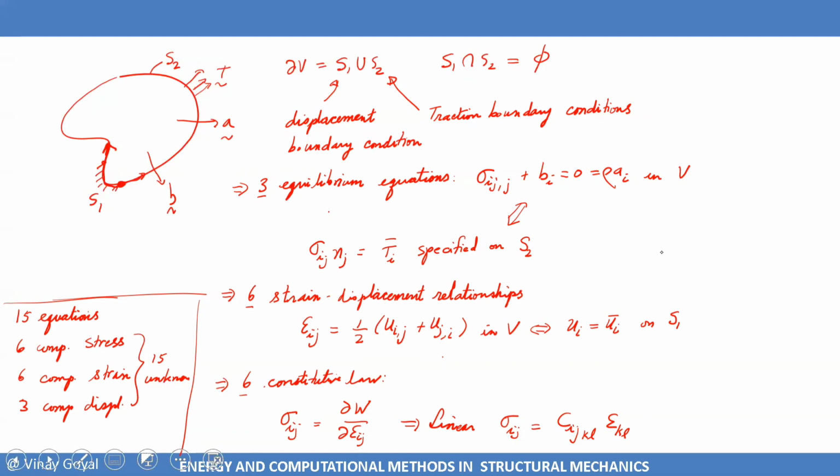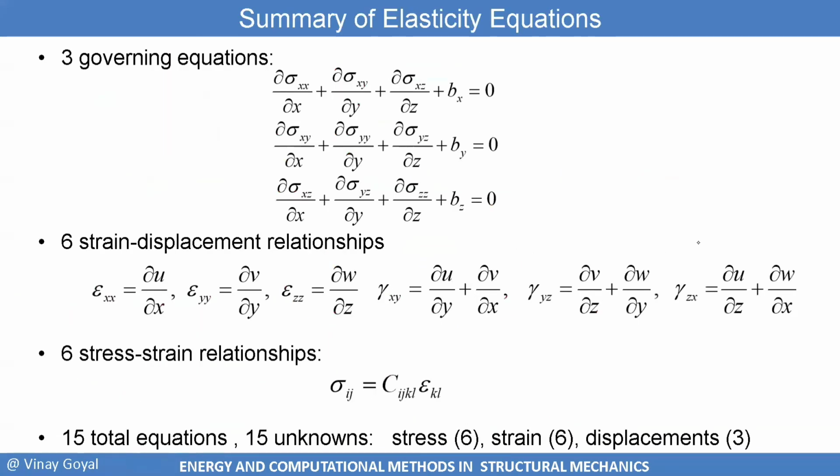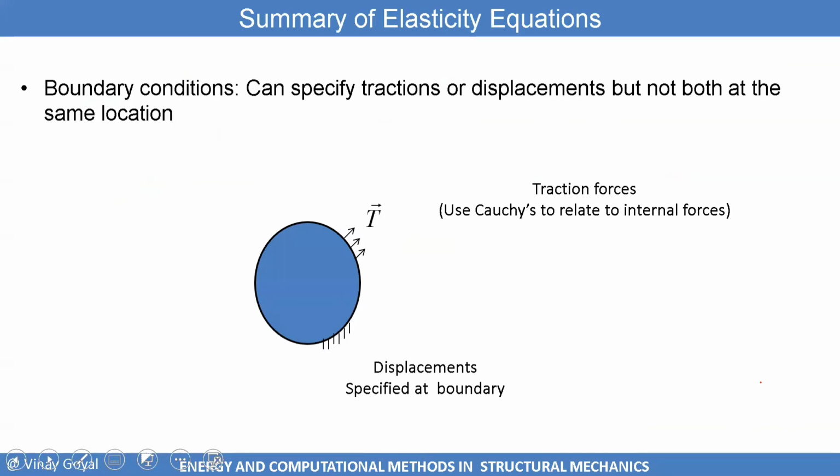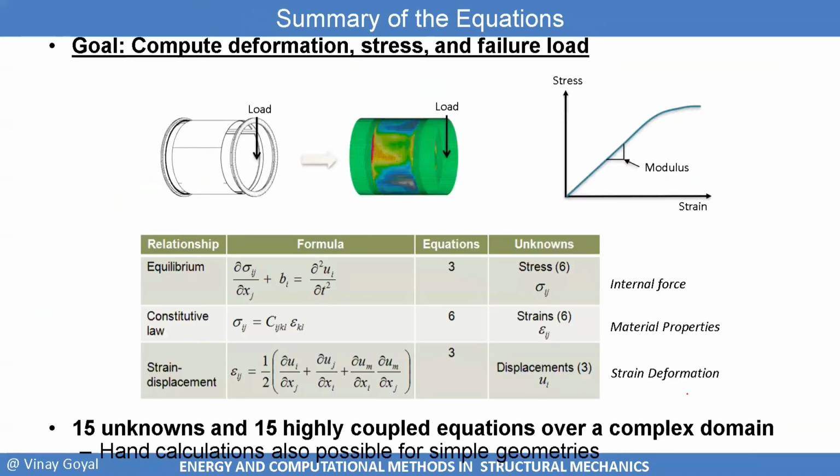As you know, solving these equations will be quite complex. Here I have a simpler manner to look at it in X, Y, and Z. So 3 equations, 6 strains, 6 stress-strain relationships, 15 equations, 15 unknowns. Again, boundary conditions are specified, deflections are specified, traction loads are specified. Really what I'm trying to do is, given a structure of some kind, I apply a load, and I want to calculate where it's going to break and make the design stronger.